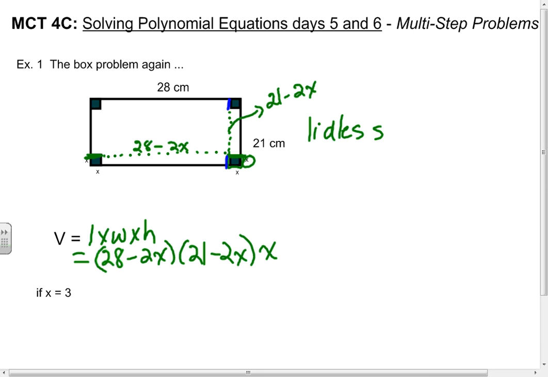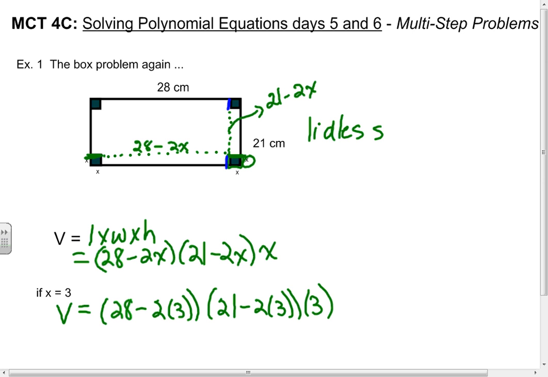If we want to know the volume when x equals 3, we can do it in 2 different ways. We can solve it now and expand for x, or we can put a 3 in right now, which is probably the simpler way to do it for this particular problem. So wherever I see an x, I'm going to substitute a 3, and we're going to solve.